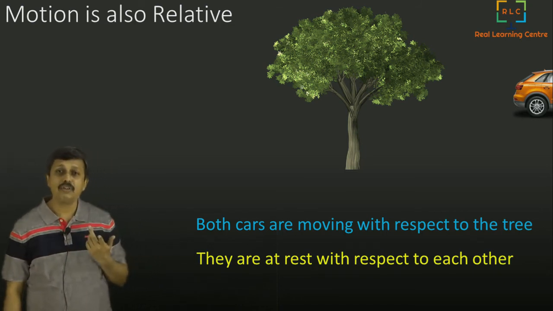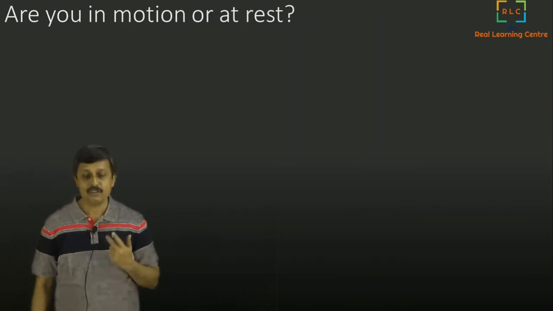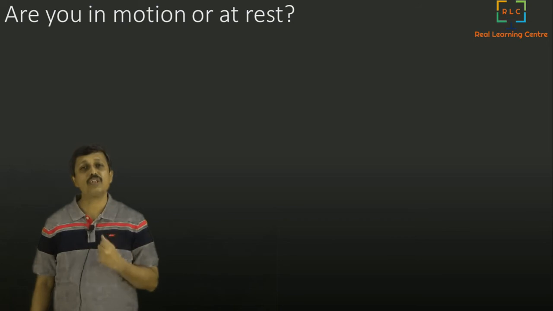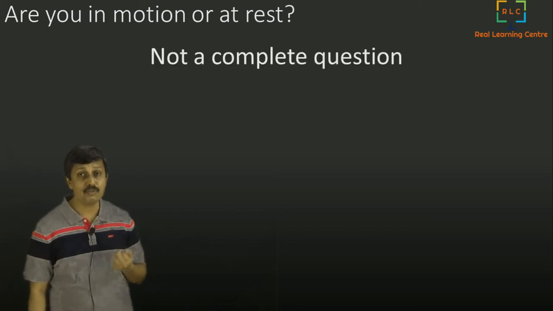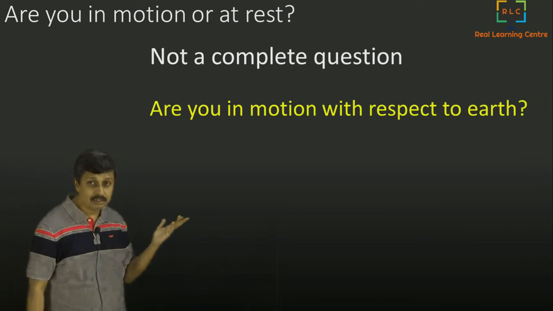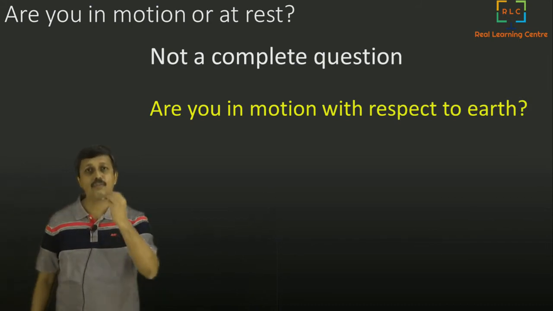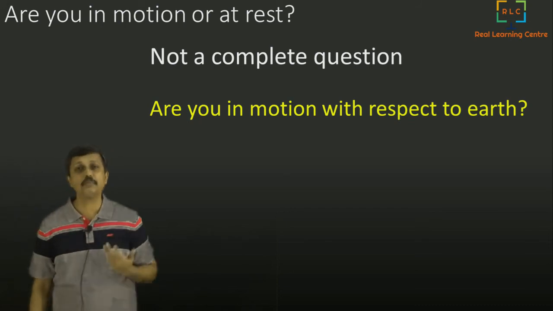So, are you in motion or at rest? That is the question. If somebody asks you like this, we can clearly say that it is not a complete question. The complete question would be, are you in motion with respect to earth? Or with respect to a train, with respect to a car?